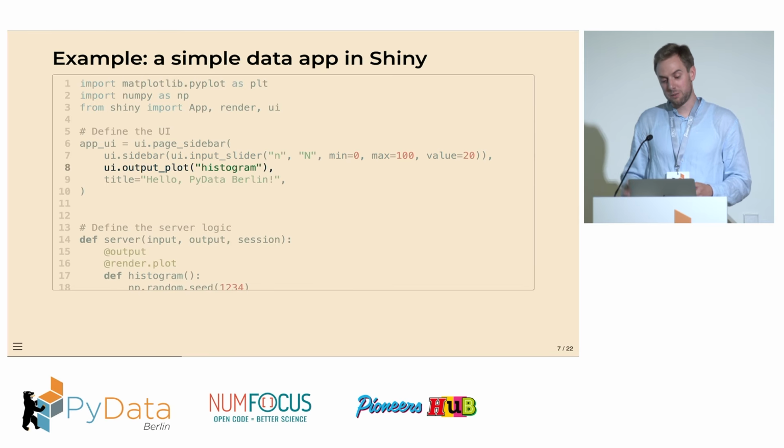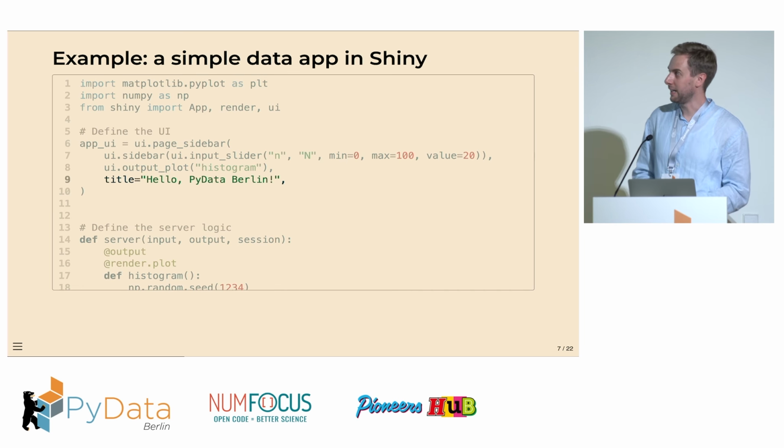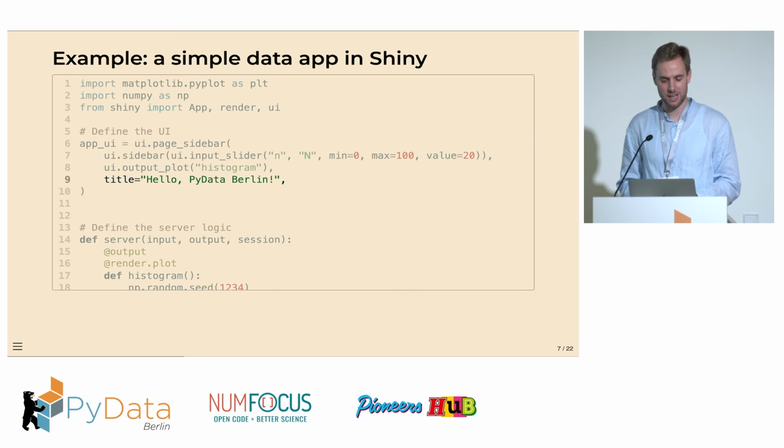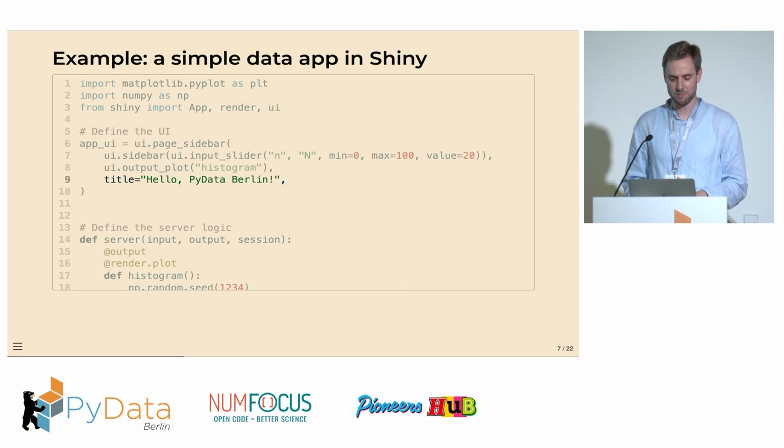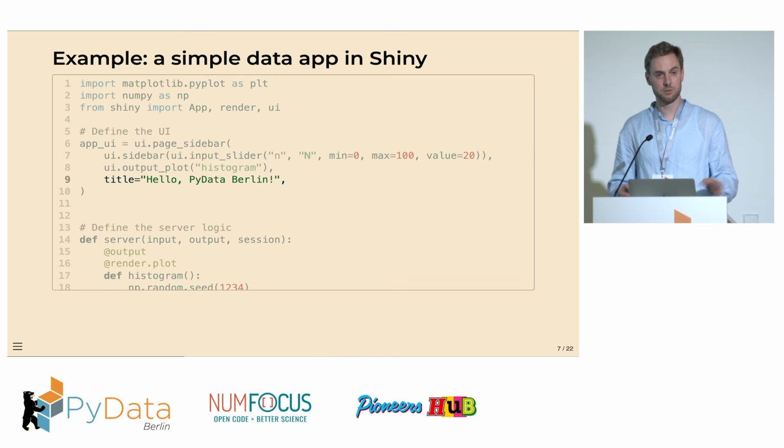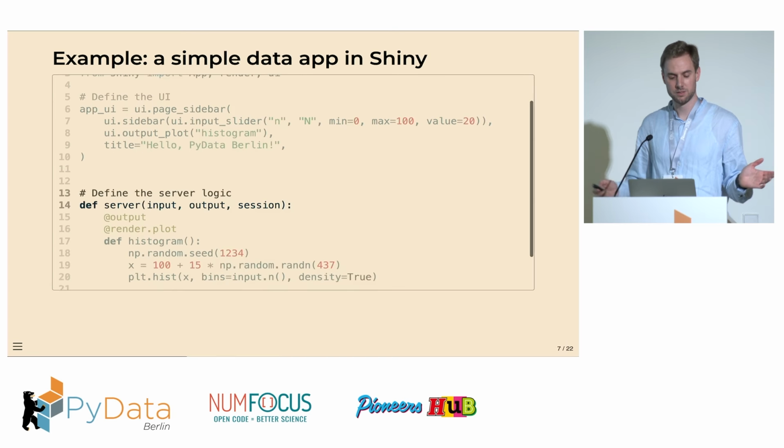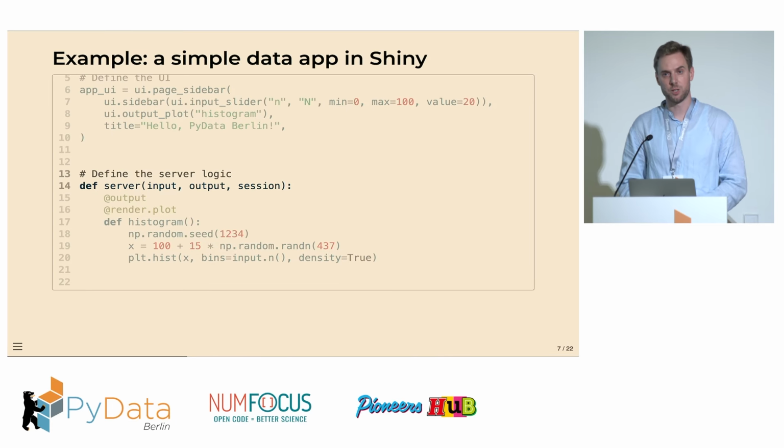So you could define, right, output plot is a histogram, but this could also be output table, output text, output HTML, I don't know, stuff like that. So different outputs where you tell Shiny what the type is, and it takes care of the rendering. And I will also include this title, Hello PyData Berlin. So once you have taken care of the UI, what you do is you define a server logic.